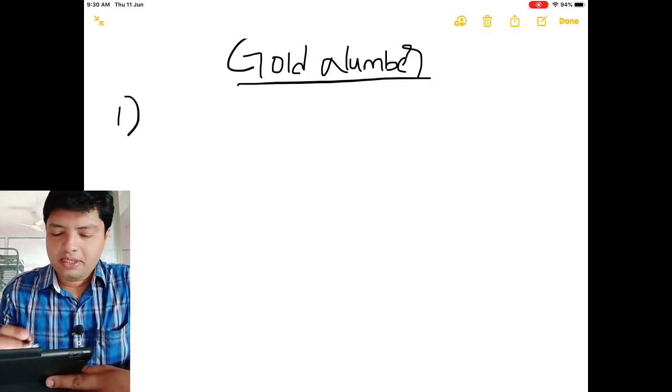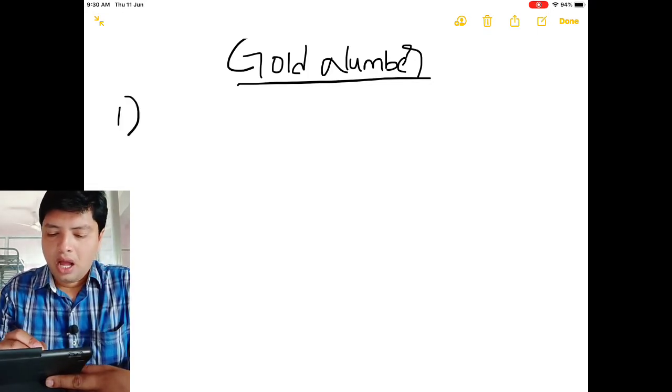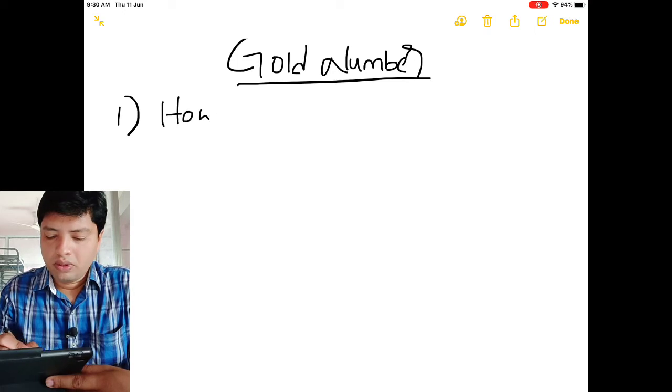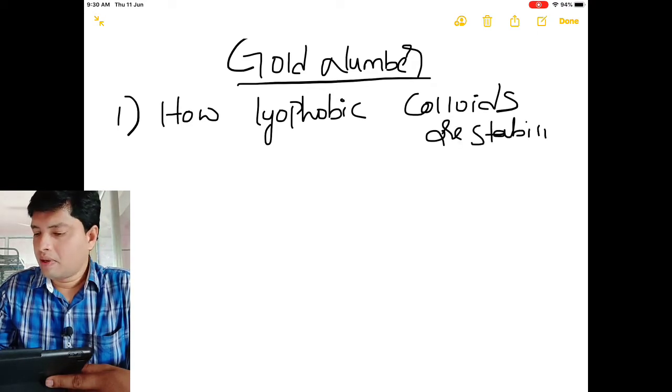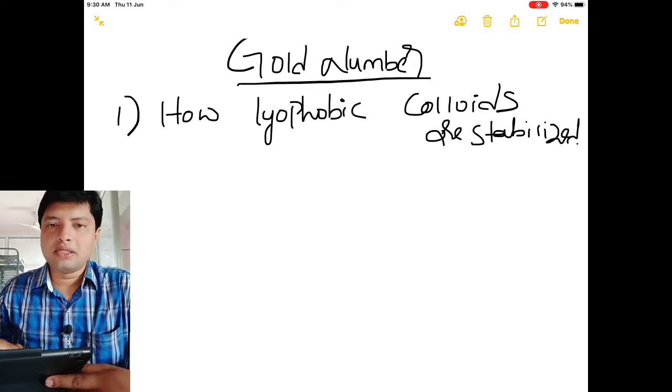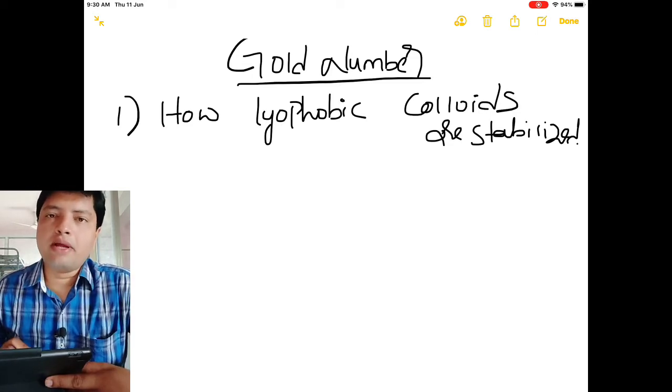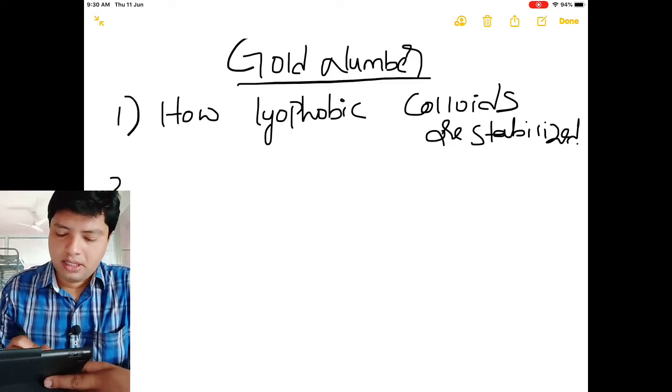So the first part is how lyophobic colloids are stabilized. What is the stabilization? How the lyophobic colloids are stabilized.